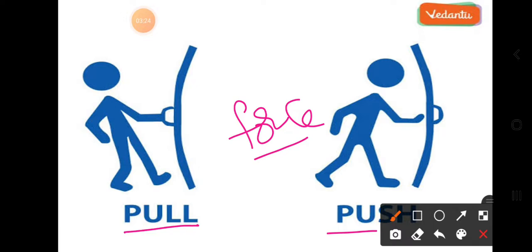At first we learn what is a force, and next we learn about the different actions caused by the force. So how are we defining force? We define force as the push and pull actions on an object.